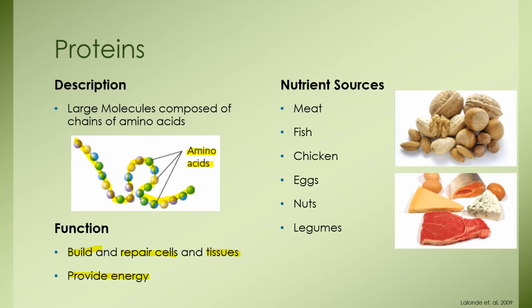So you have different sources. Some vegetables have some protein, but the best source is protein from animals. And dairy products also have some. But the best sources are meat, fish, and chicken, and eggs are a good source as well.